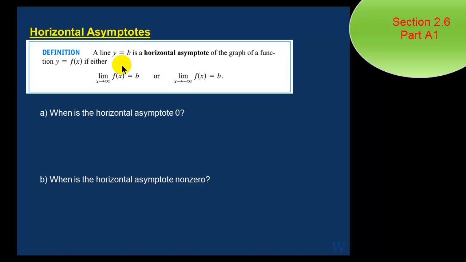Let me go ahead and give you an example where we can find the horizontal asymptote. Take y is equal to x plus 1 over x cubed.